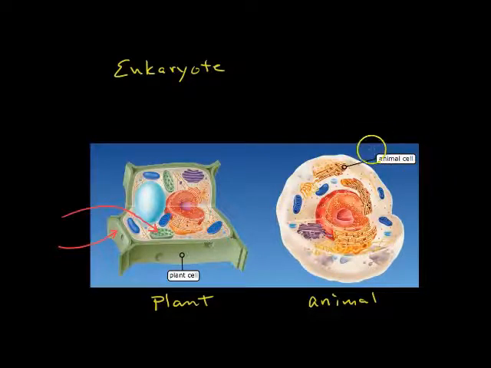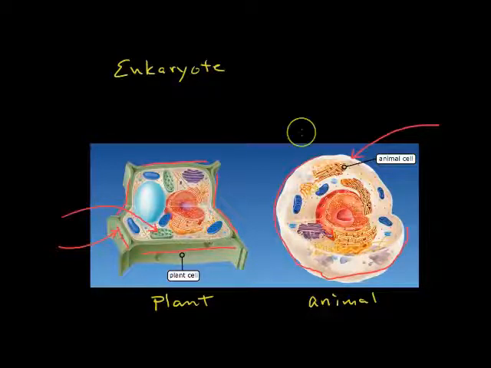The animal cell does not have a chloroplast, and does not have a cell wall. It has a cell membrane. Here the plant cell is more box-like in structure, where there are more rigid lines, and then an animal cell is more rounded, as you can see.